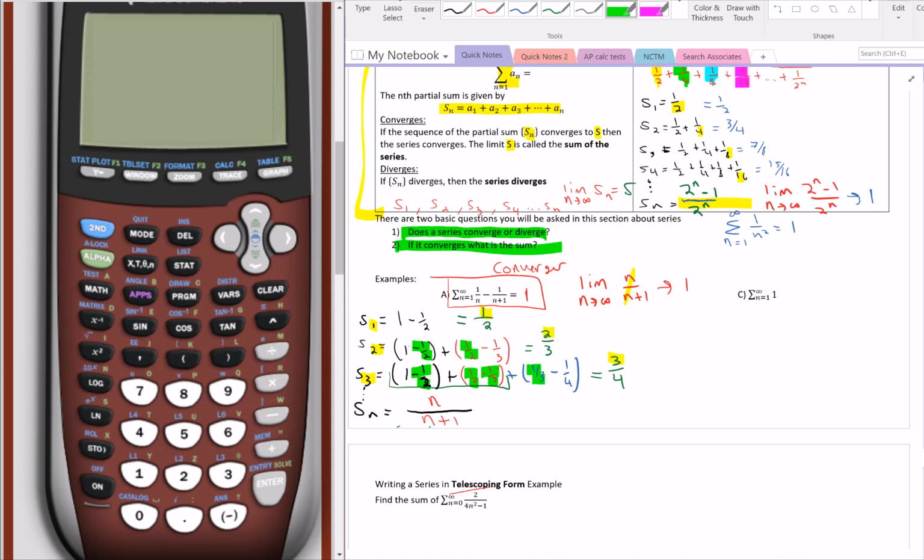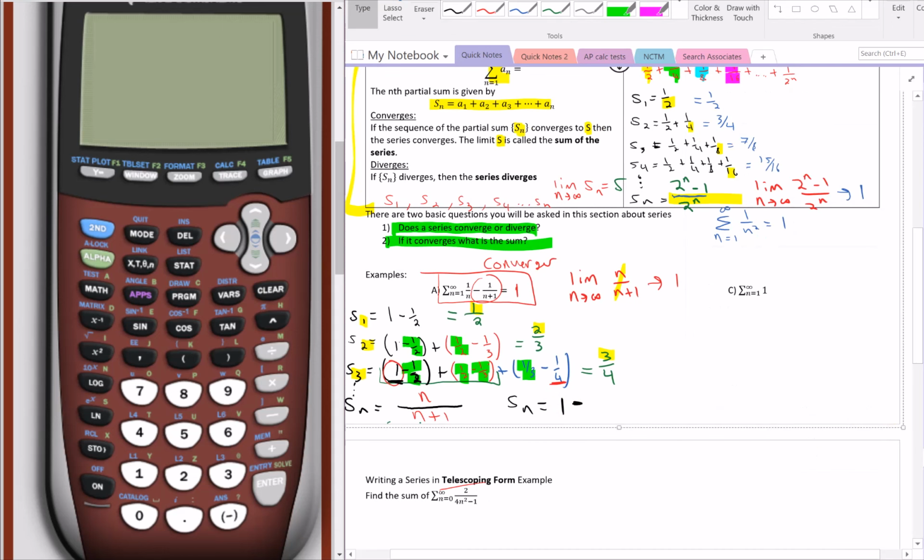And all you're going to be left with is 1, and then your last piece, which comes from this negative 1 over n plus 1. So another way we could have written this, called a telescoping form, is this 1, which came from this first term, minus your last term, 1 over n plus 1.